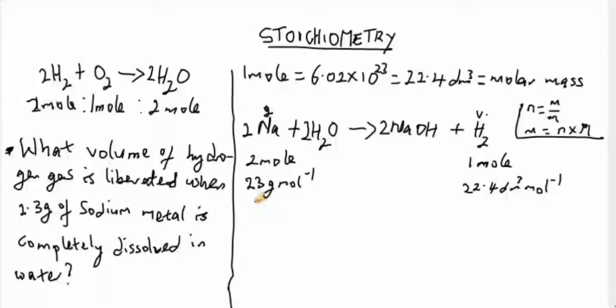This should give me 46 grams per mole. Mole cancels mole. So in this equation, 46 grams, which is 2 moles of sodium, is reacting, and that produces 1 times this, which is 22.4 dm cube of hydrogen gas.